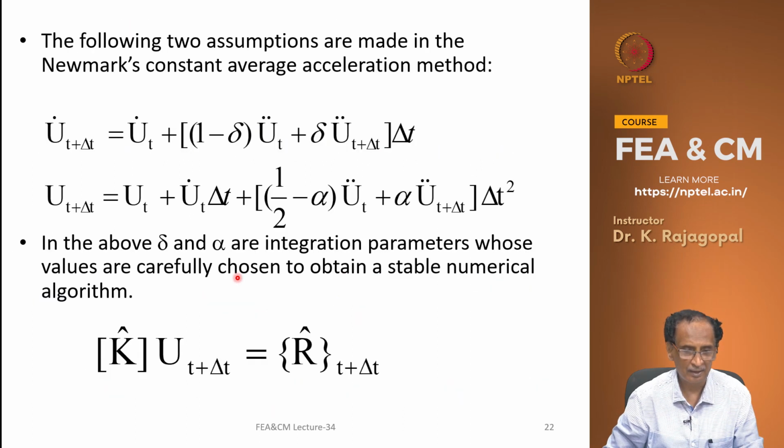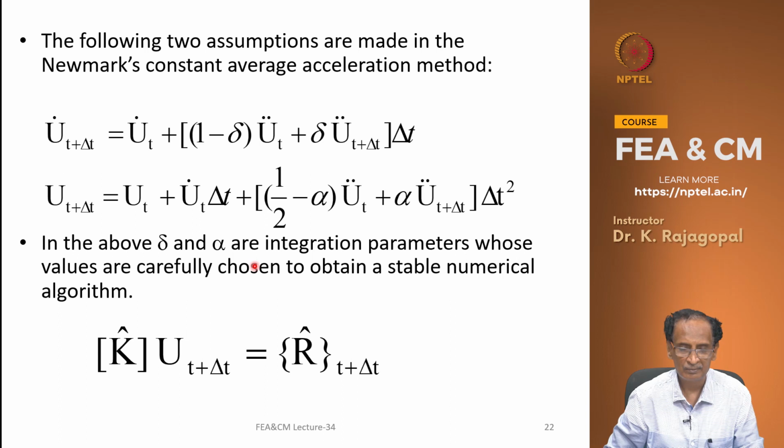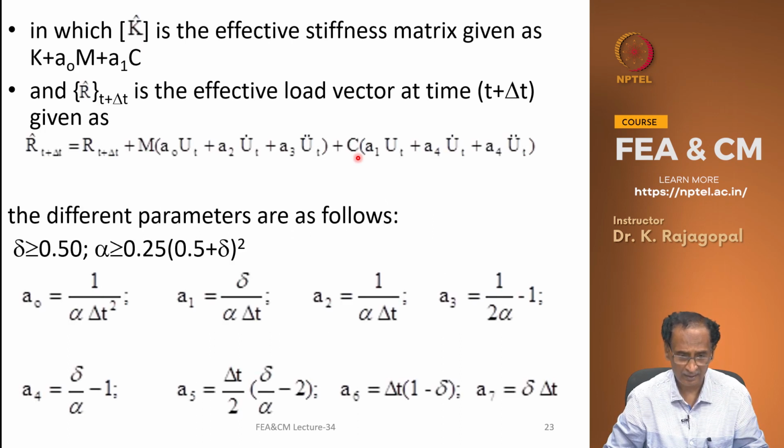We can use these equations to get these quantities, because we know the acceleration at time t plus delta t, and then we substitute that and get our velocity at the next time step.